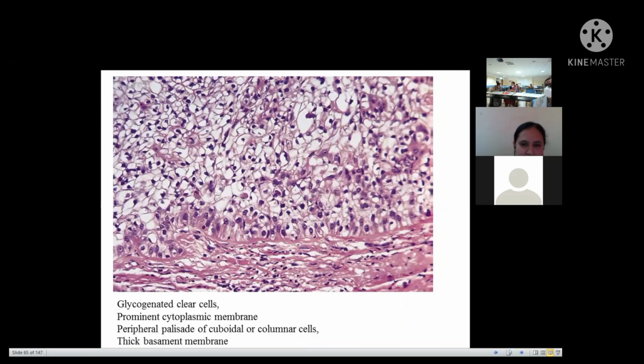Which structure are they trying to resemble here? So clear cells and palisading and the basement membrane. This is trying to recapitulate its histological counterpart.